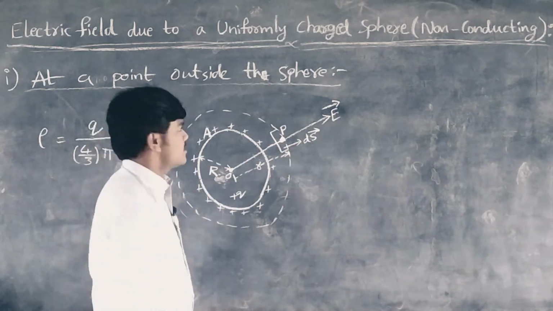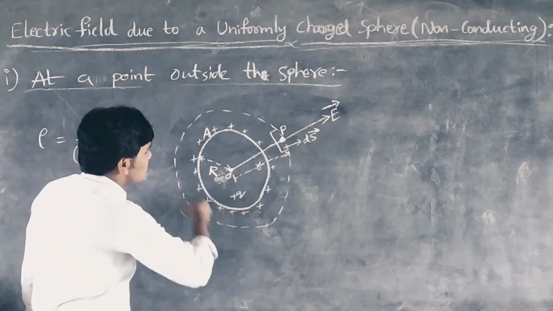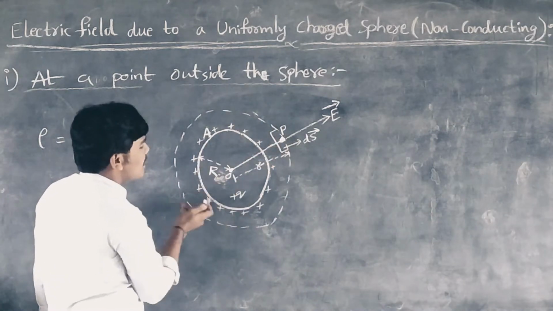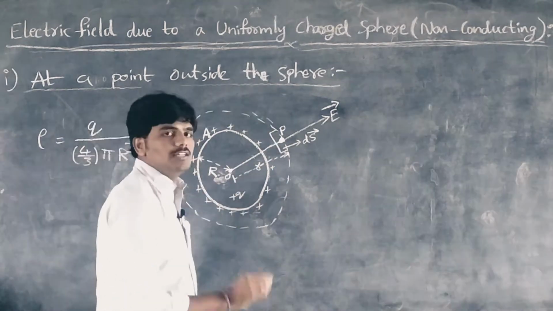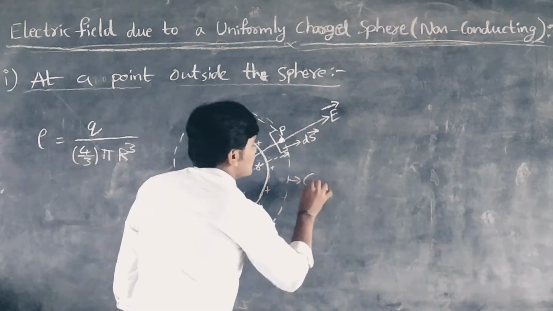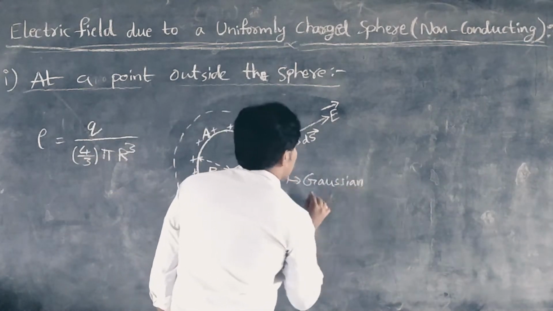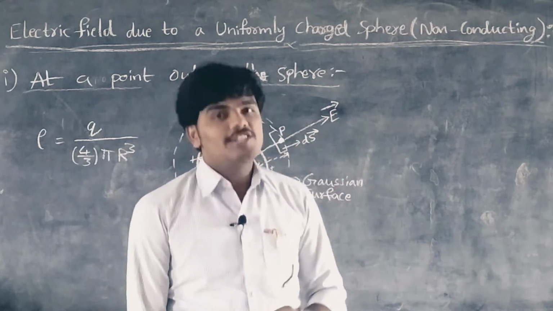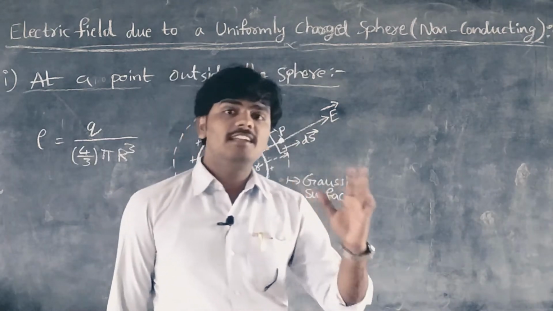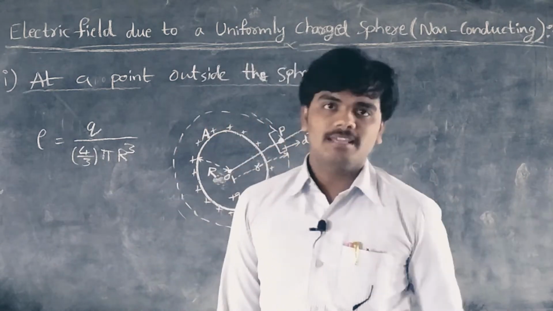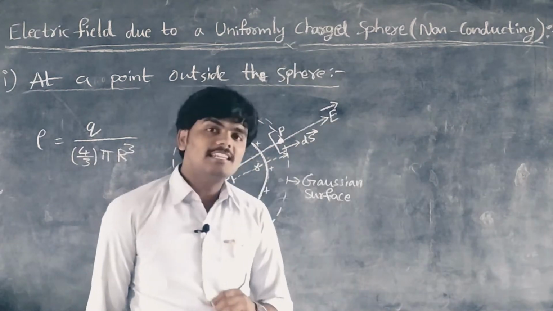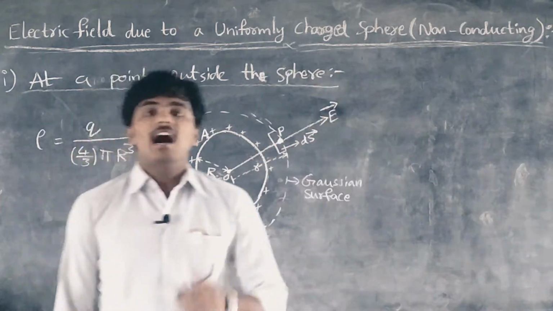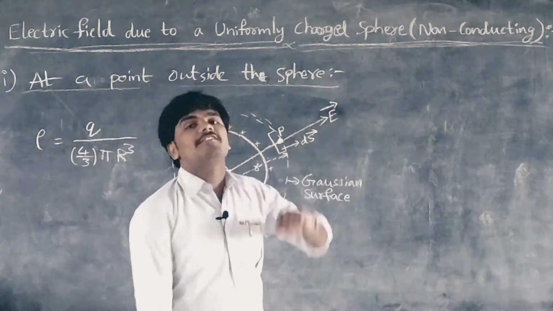For this purpose, we construct a Gaussian surface of radius OP which is concentric with the sphere A. So this is the Gaussian surface. From the symmetry of charge distribution, the electric field E at all points of the Gaussian surface is the same and will be perpendicular to the surface.